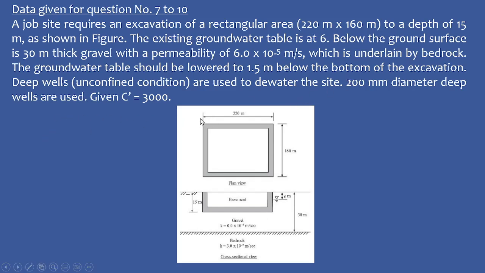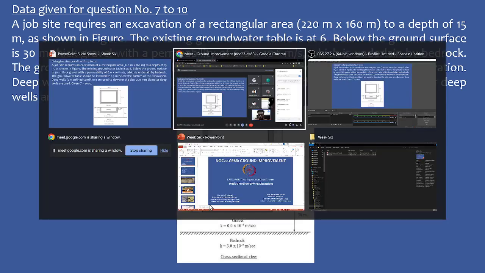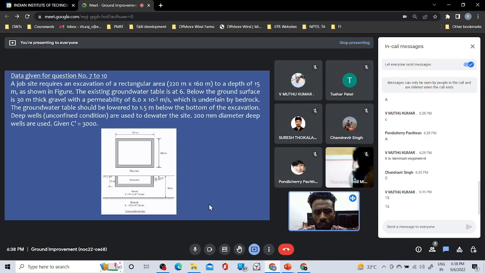You need to use deep wells for the unconfined condition to dewater the site, and you have 200 diameter deep wells. This is the C dash value given. I'll show you the questions, just note down the data.